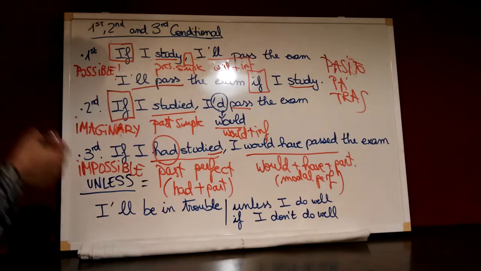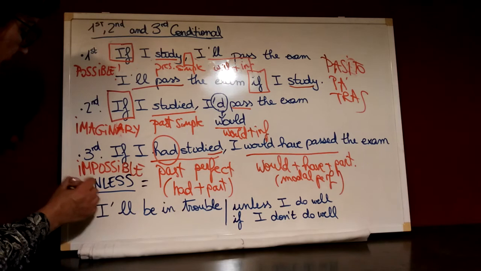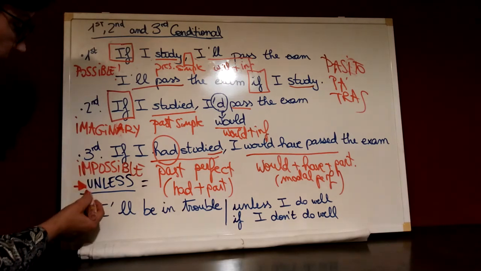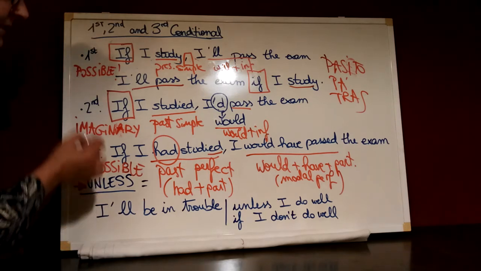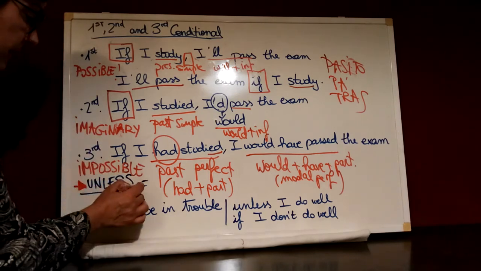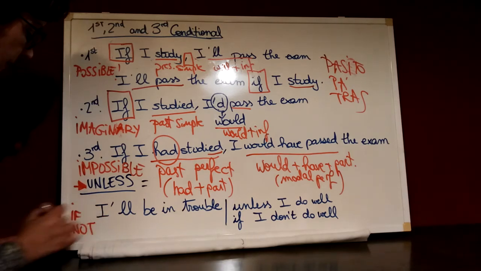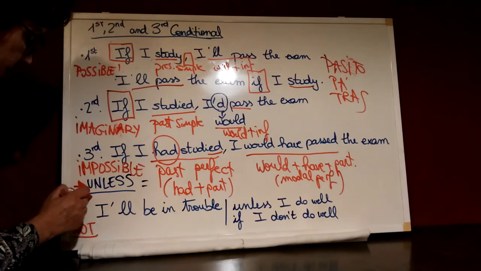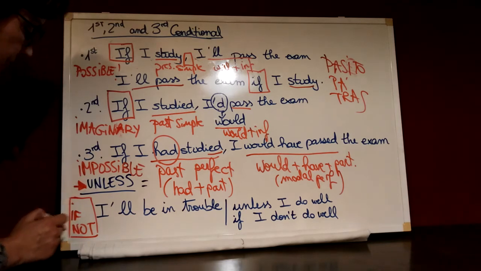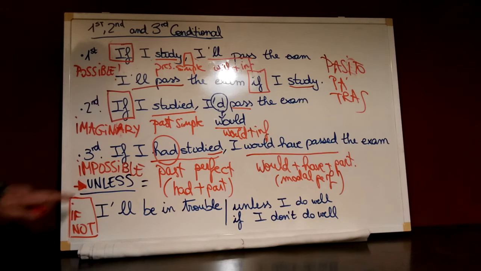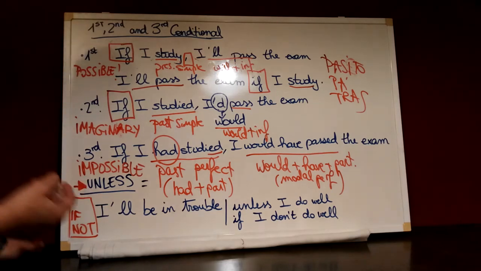Now, what about this here? Unless. What does unless mean? Unless is the same thing, but this one means if not. So what happens if not? This has got a negative sense.